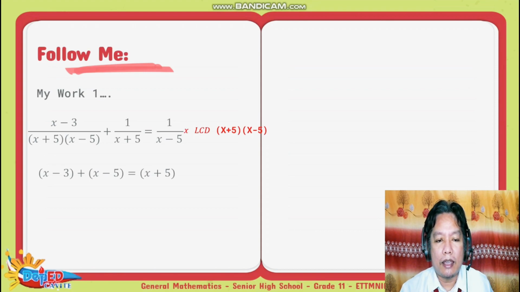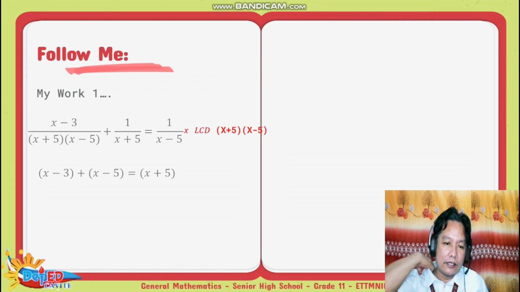LCD divided by x plus 5, what is left is x minus 5, times 1, x minus 5. LCD divided by x minus 5, what is left is x plus 5 times 1, x plus 5.